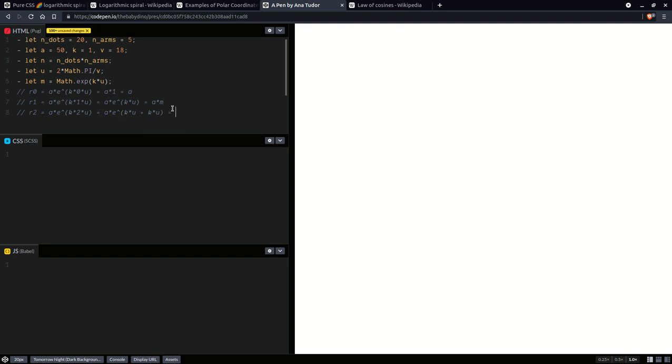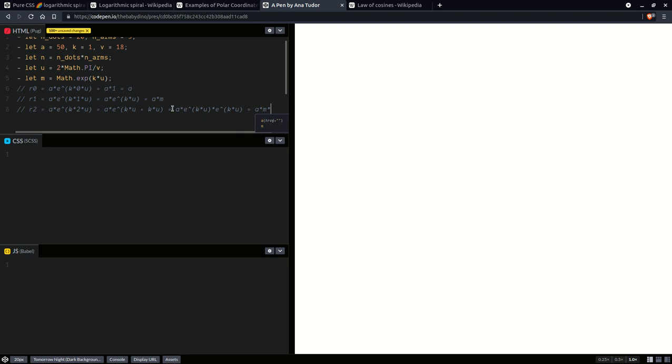And this can be written as a times e raised to the power k times u multiplied with e raised to the power k times u, or a times m, okay?